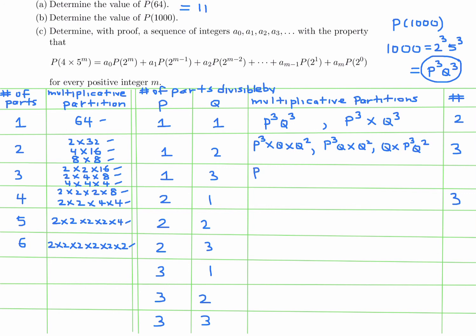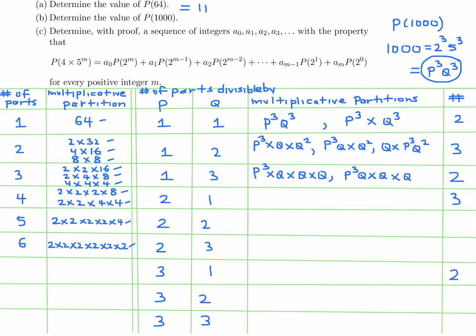I can make the following partitions: p to the power of 3 times q times q times q, or p to the power of 3 q times q times q. And there's 2 of those. But 1, 3 is the same as 3, 1 in terms of the way it occurs, because you just reverse the letters. So if there's 2 there, there's 2 here.